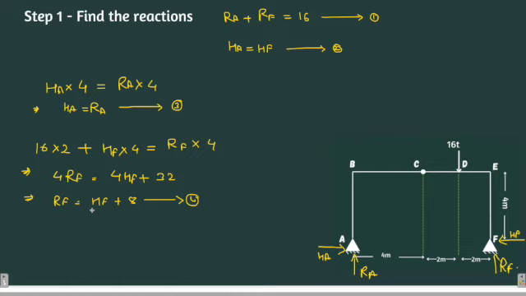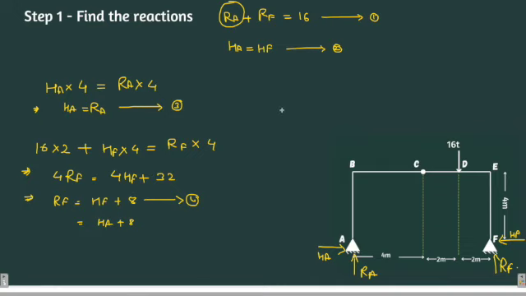Okay, so what we will do, we'll put everything in equation number 1. RF is equals to HF plus 8, but from equation number 2 we know that HF is equals to HA, so we can also write it as HA plus 8. So we'll put HA plus 8 instead of RF in equation number 1. We also know that RA is equals to HA from equation number 2.